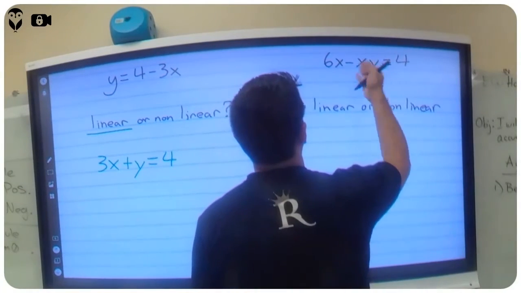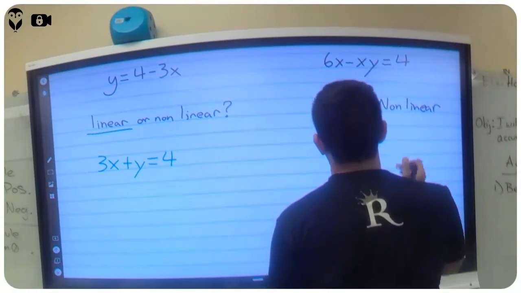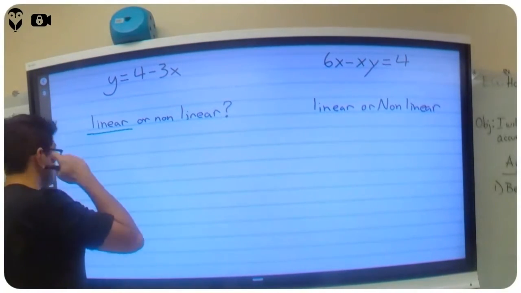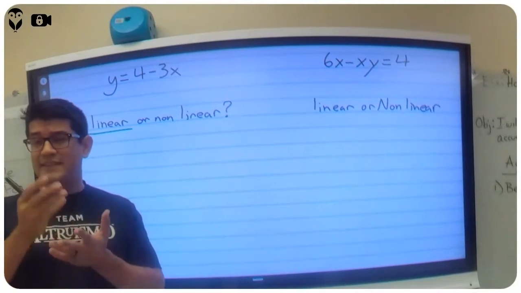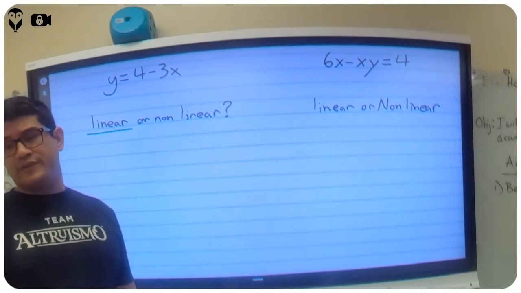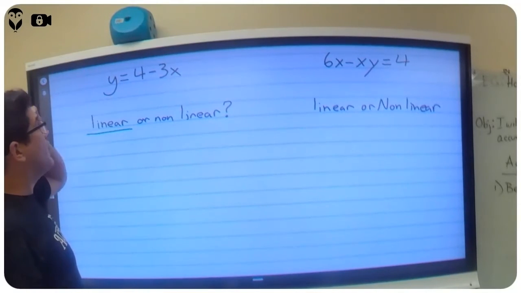I have x and y all on one side already, and it still doesn't look like that, so it's going to be nonlinear. The way that I like to describe it at a glance is: is the same thing happening to x every single time? So y is by itself, which is what I want.